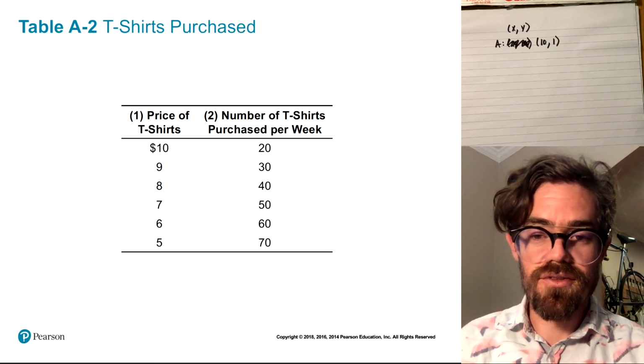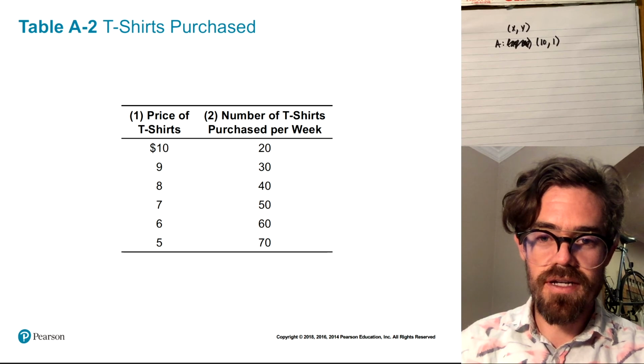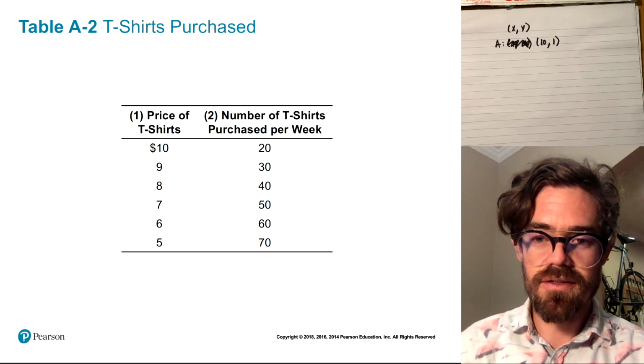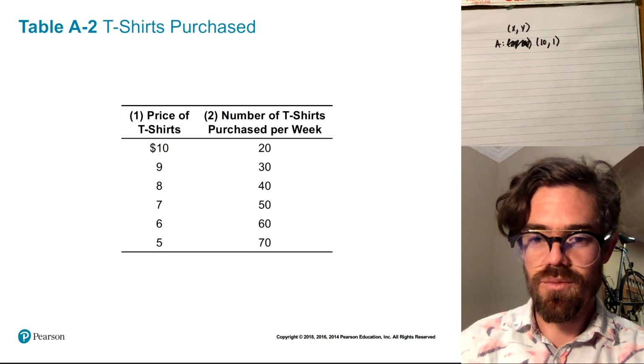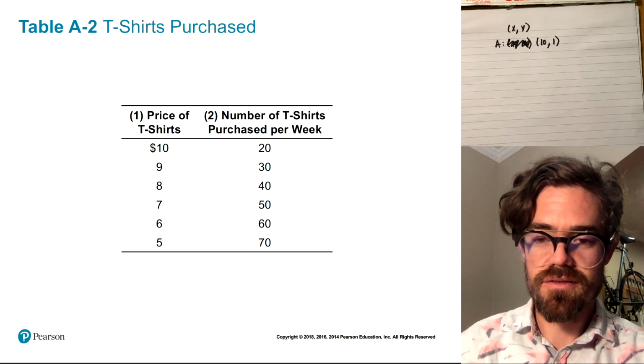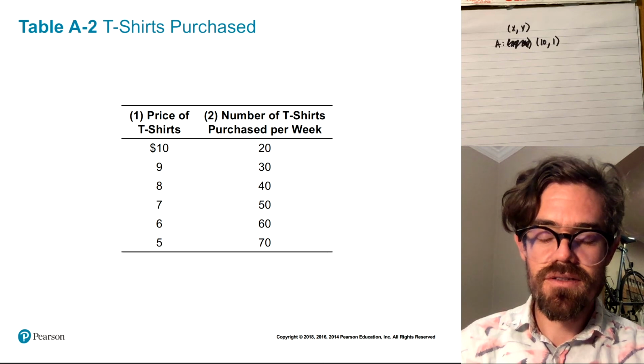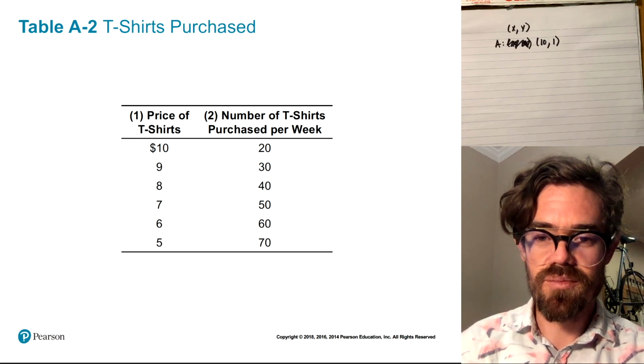Hopefully it didn't take you too long to determine which is which. Now, the second thing to do is determine which is the independent variable and which is the dependent variable. Which one causes the other? So hopefully you thought, well, it makes most sense, I think, for the price of t-shirts to determine how many are purchased.